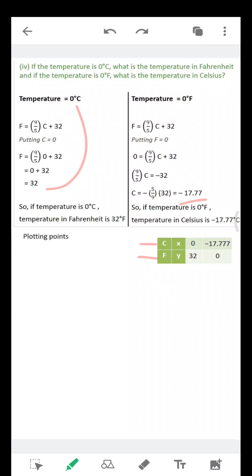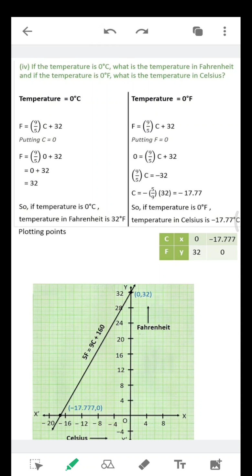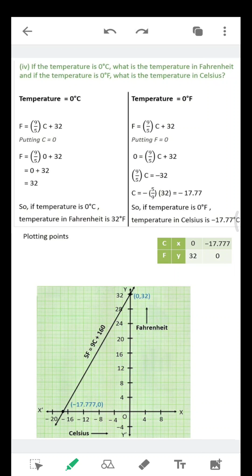So I'm using these solutions to draw the graph. I have taken two axes, x-axis and y-axis. The x-axis shows Celsius and the y-axis shows Fahrenheit. So we'll plot this point: 0, 32 comes here, and minus 17.7 you can take as 18, so 18 comes somewhere here, and I'll join this, and this is the line. This is the graph for the relation between Celsius and Fahrenheit.